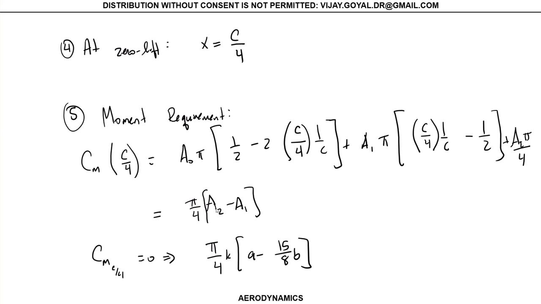This is replacing the values of a2 and a1 here. So you find that a is equal to 15 over 8 b. This is one expression. The second expression we know comes from applying the Kutta condition. That's important.